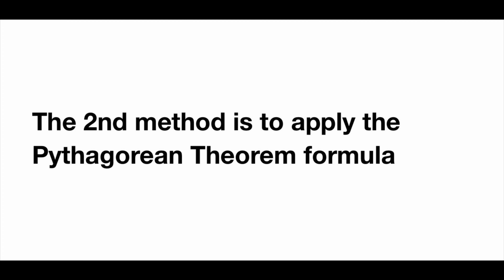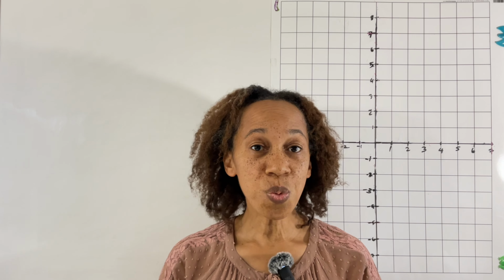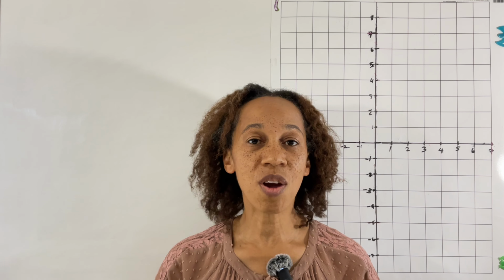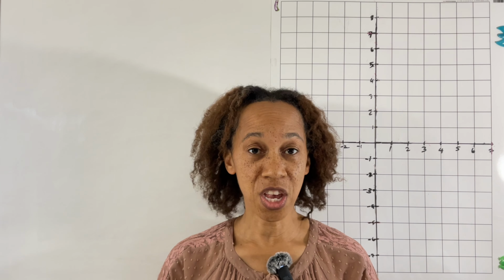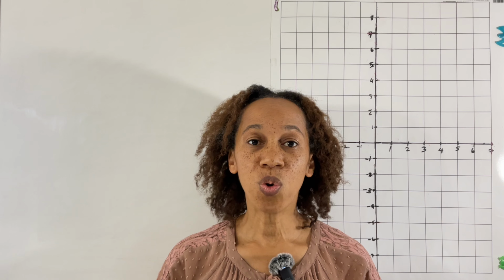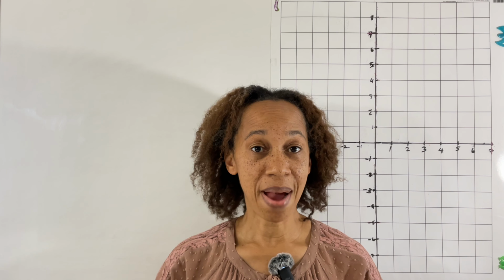So let's get into the lesson on how to go about finding the perimeter of a quadrilateral without any measurements. Let's do it. Before we get started, there are two ways that we can find the distance around the given figure. And I'm going to show you each method step by step.